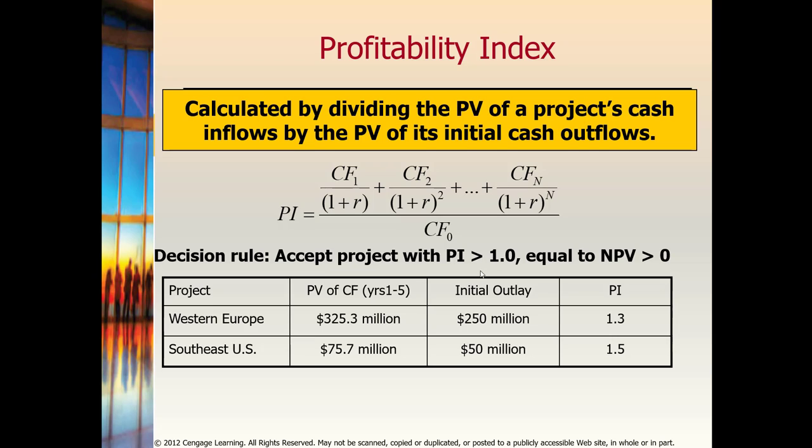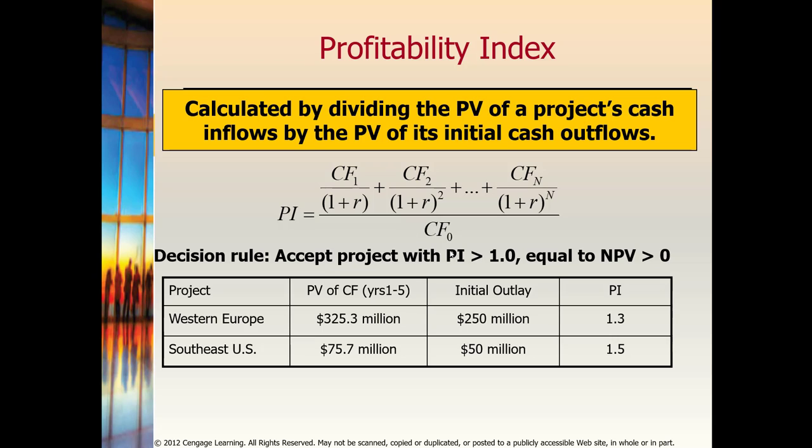So what does that mean? PI greater than 1. Look at PI equal to 1: that means the present value of all the future cash flow will be equal to the cash outflow.